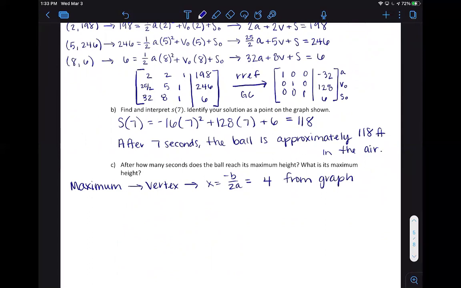So then we want to plug it back in. So now we want to find s of 4. What's nice is if you already have that plugged into your calculator from doing s of 7, just hit your up arrow twice, hit enter, and then change the 7s to 4s. 262.